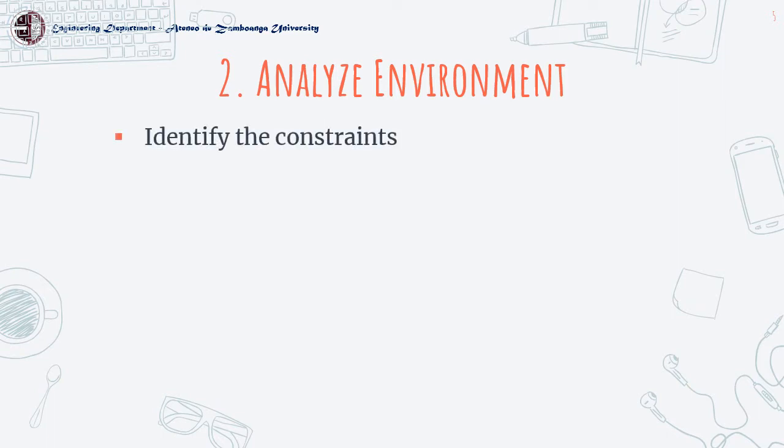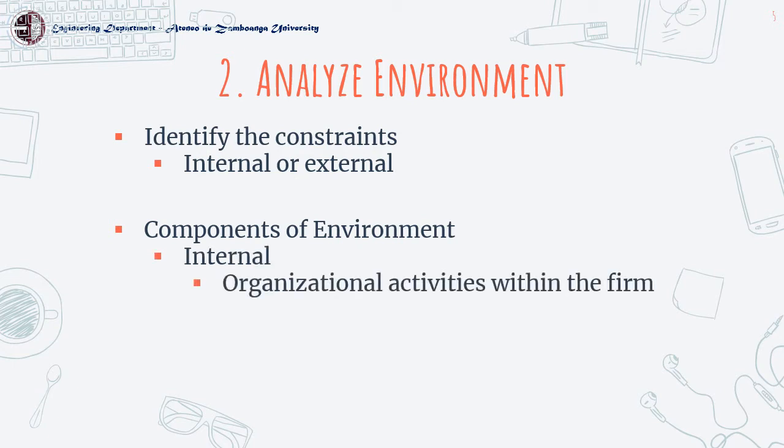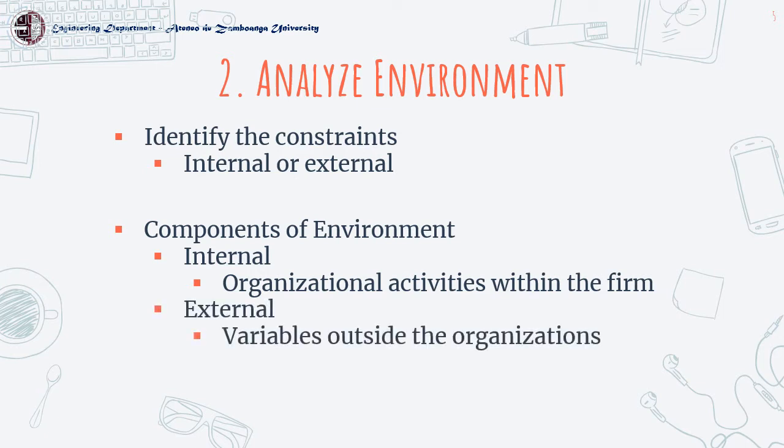The objective of the environmental analysis is to identify the constraints, whether internal or external, considering the internal and external components of the environment, where internal components are the activities within the firm, and the external components are the variables outside the organization. The next slide will show these constraints and these components.